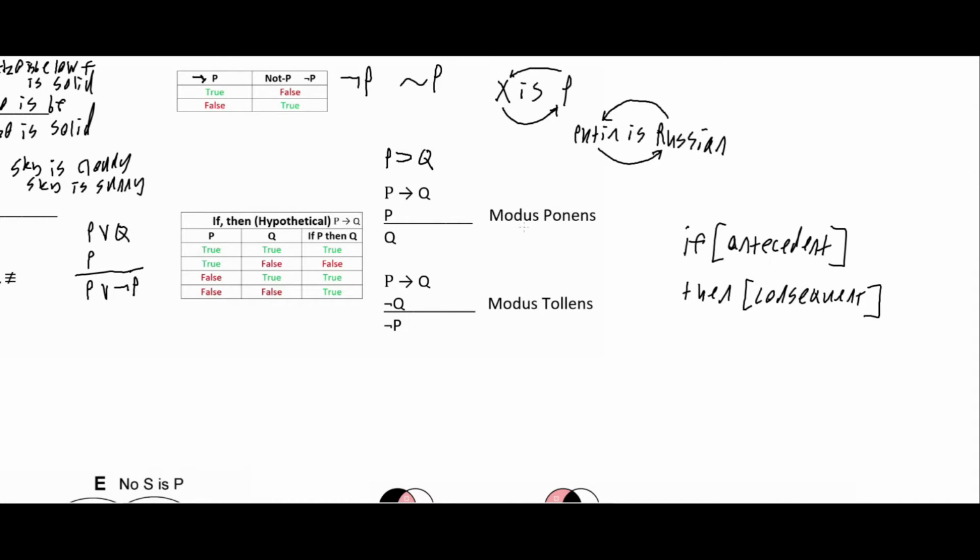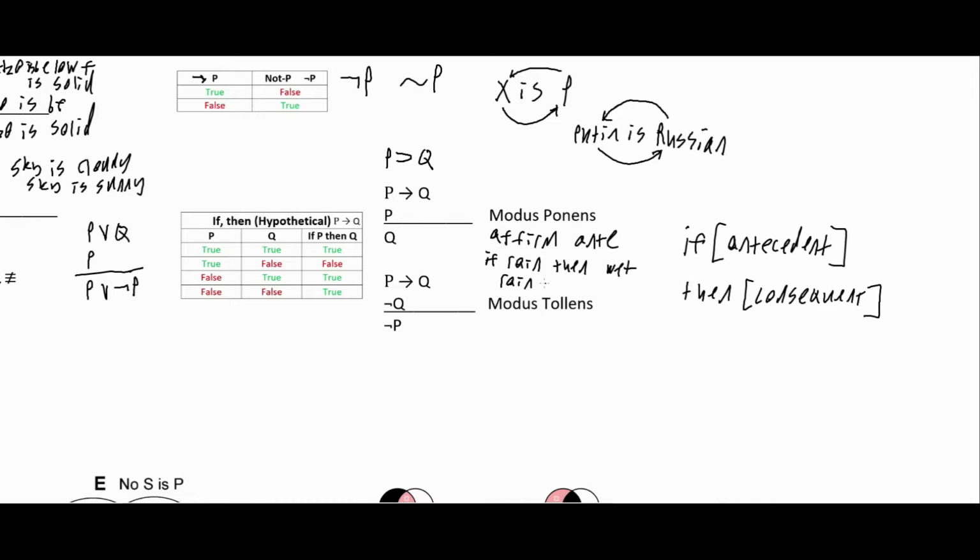And so modus ponens, which you could probably call affirming the antecedent, so I'll just put affirm ante. That's saying that if P, then Q. P is true, therefore Q is true. You might think of something like if rain, then wet.